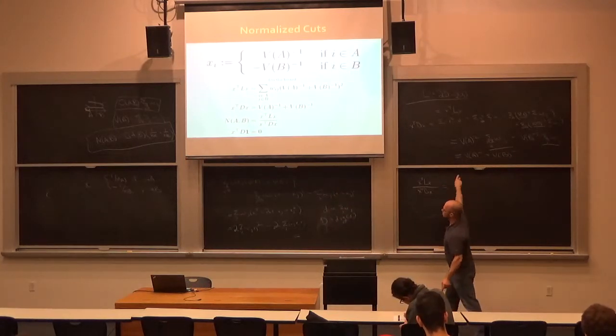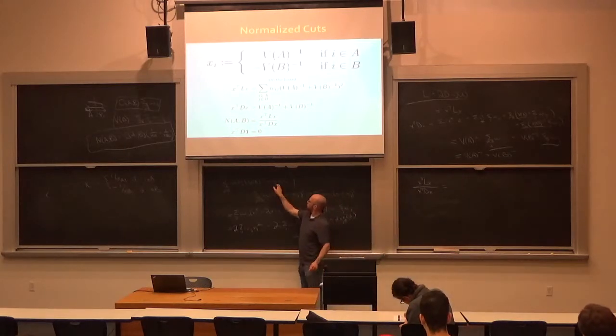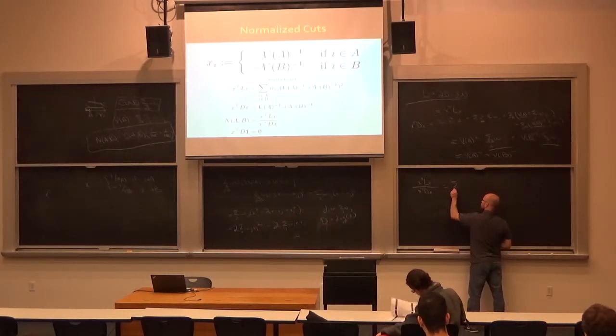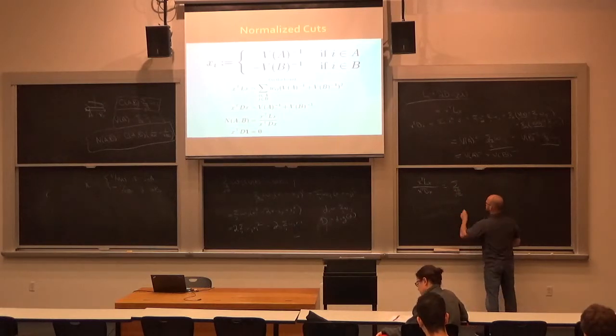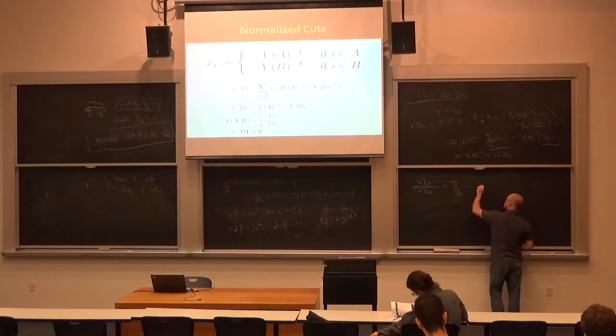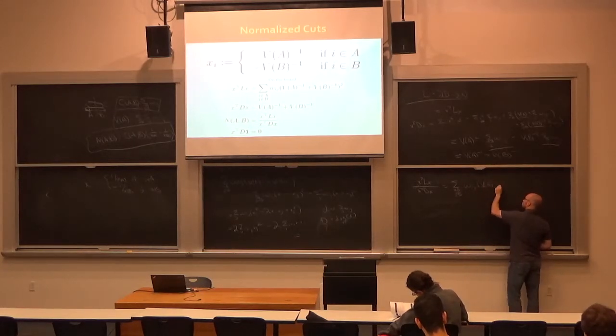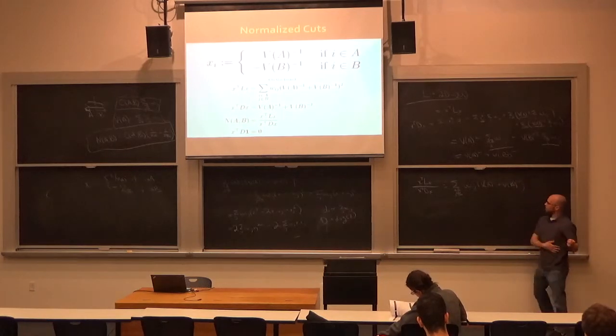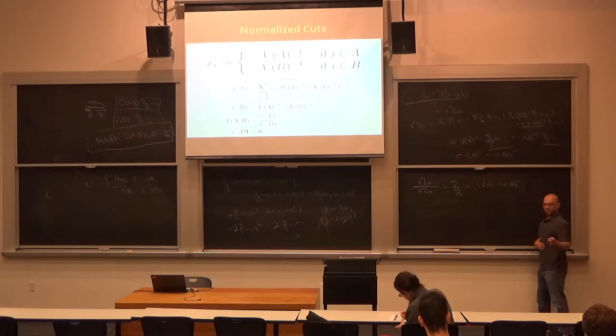Well, notice that this is 1 over the volume of A plus 1 over the volume of B, squared, divided by this thing, not squared. So at the end of the day, I get the cut of A and B times the volume of A inverse plus volume of B inverse, and what is this thing? This is the normalized cut.